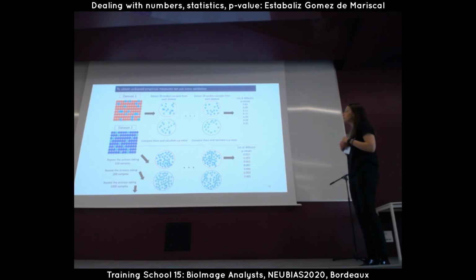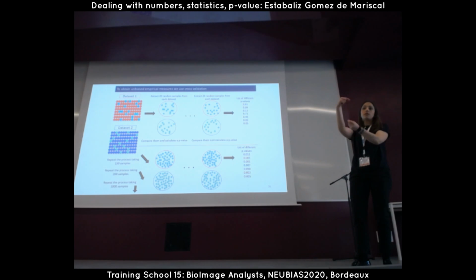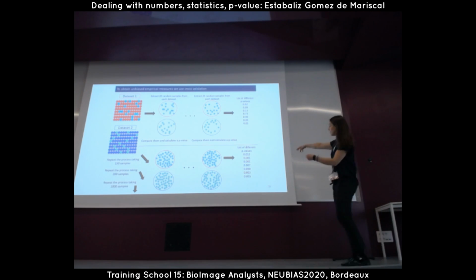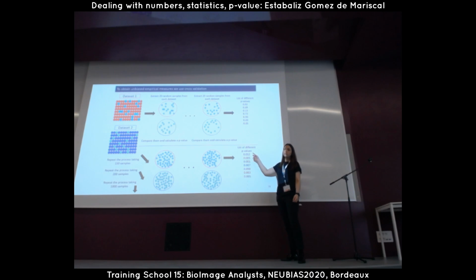If the samples are always the same, what you will get is no distribution. The p-value will always be the same if you are comparing the same data sets all the time. If the randomization is wrong, the values will be the same, so you will see that their distribution is actually the same all the time.